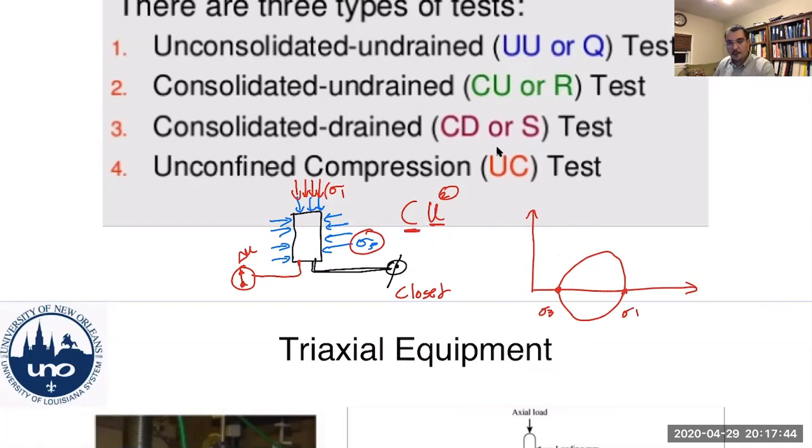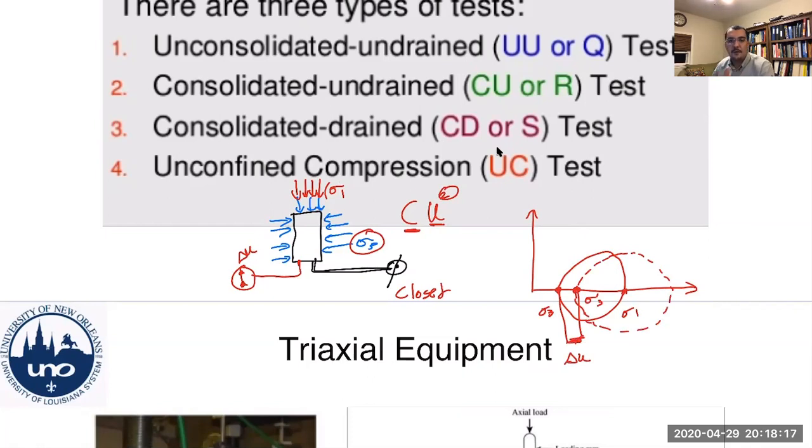But you have a pore water pressure measurement in this case, right? So what you're going to do? Simple. You're going to shift this circle to the right. So this is your sigma 3, and that would be by the change in pore water pressure.